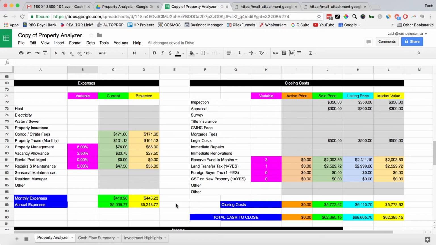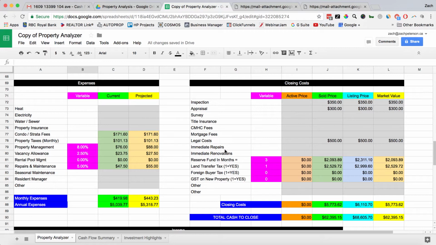All right. So next we've got the closing costs. As I talked about before, we got inspection on this property, $350, appraisal $300, and if this is a house, you're going to want a survey anyways if you can get one in this market. Also title insurance, CMHC fees on your mortgage, any other mortgage fees, legal costs about $500, any immediate repairs that you need to do when you take over the property.